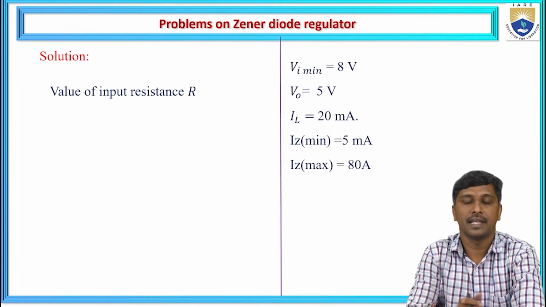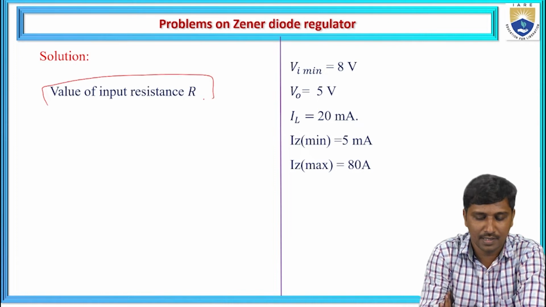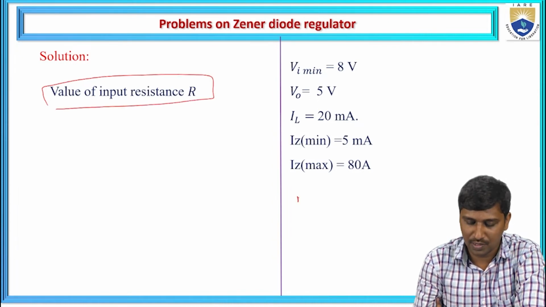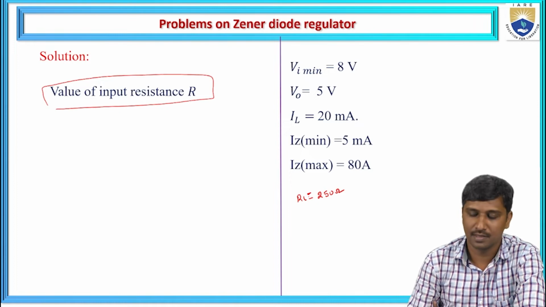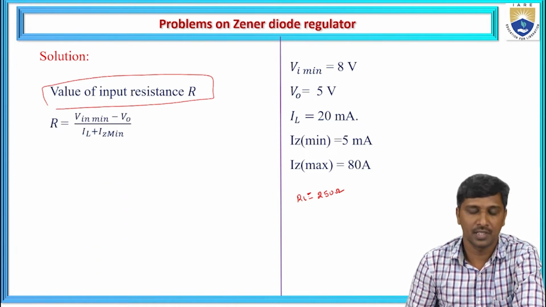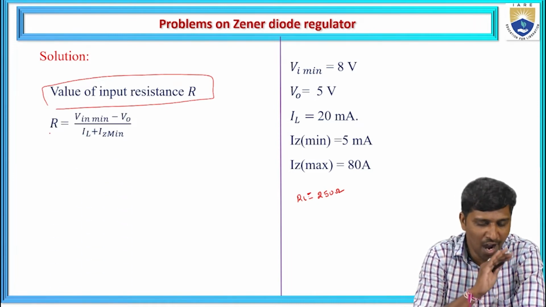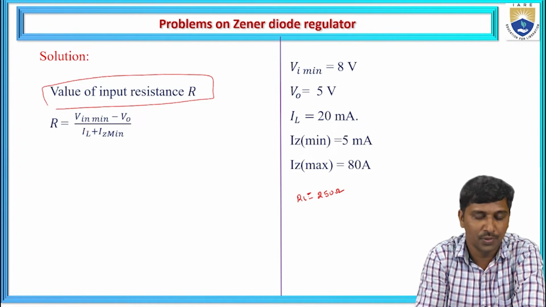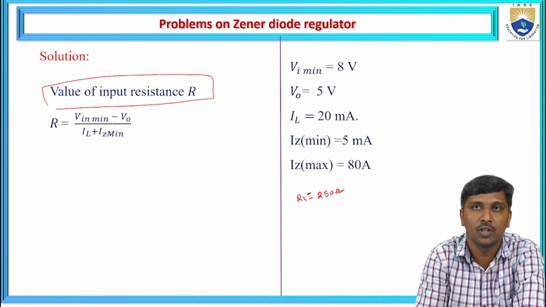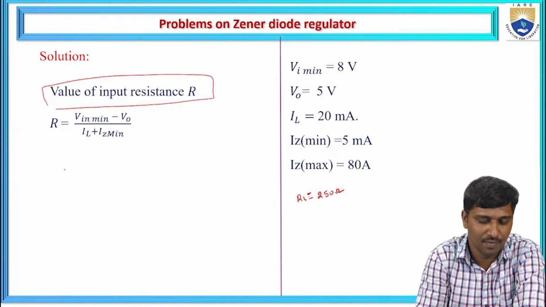Then we need to calculate the input resistance R. We observe RL is 250 ohms based on the given specifications. The input resistance is represented as R is equal to the potential difference between Vin minimum and output voltage, divided by IL plus IZ minimum.